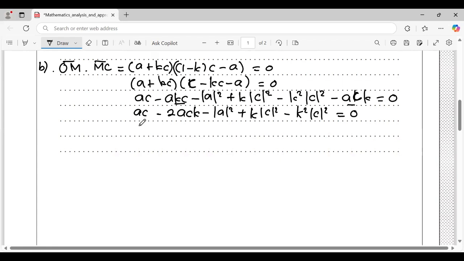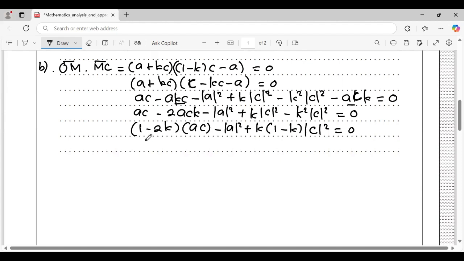And I would like to factorize 1 minus 2K AC, this one and this one, A squared, K factorized as well, 1 minus K, C squared equals 0.